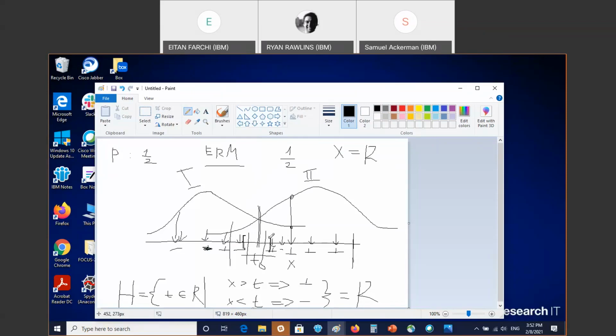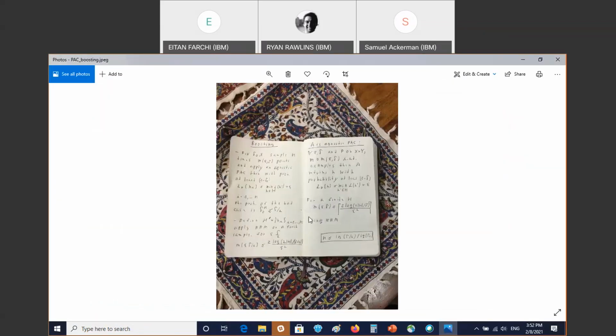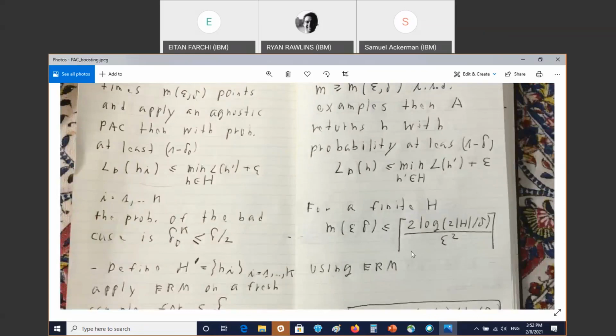So the probability of error here is going to be smaller and smaller when we get more points. The point of the theorem here is to tell us how many points we need to get. Okay? So that's another example of what we mean by PAC learning. And next time, hopefully, I can get to the boosting. Okay. Any questions up to now?